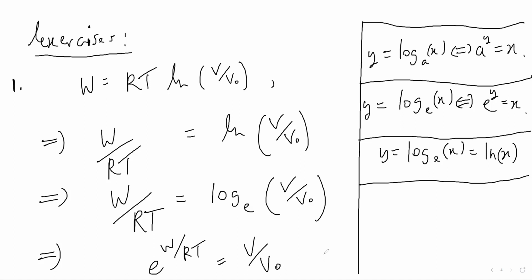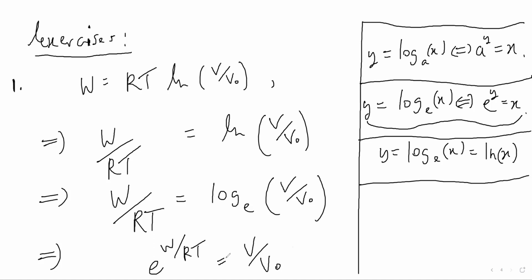So this is solving this equation using this definition here. That's how we use this definition to solve this equation. We say that w over rt is equal to log e of v over v0 implies that e to the power of w over rt is equal to v over v0.